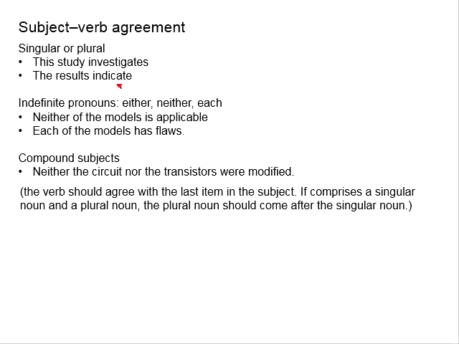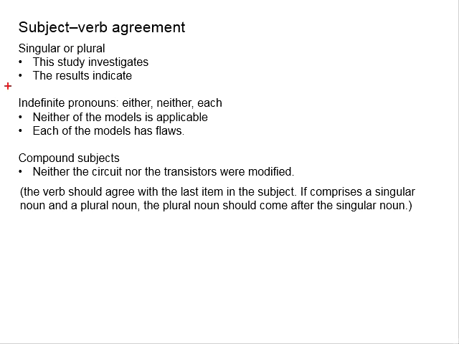Therefore, your verb should also provide indications in terms of the plural subject. This is what is meant by subject-verb agreement. You should use singular verbs referring to a singular subject and plural verbs to indicate plural subjects.